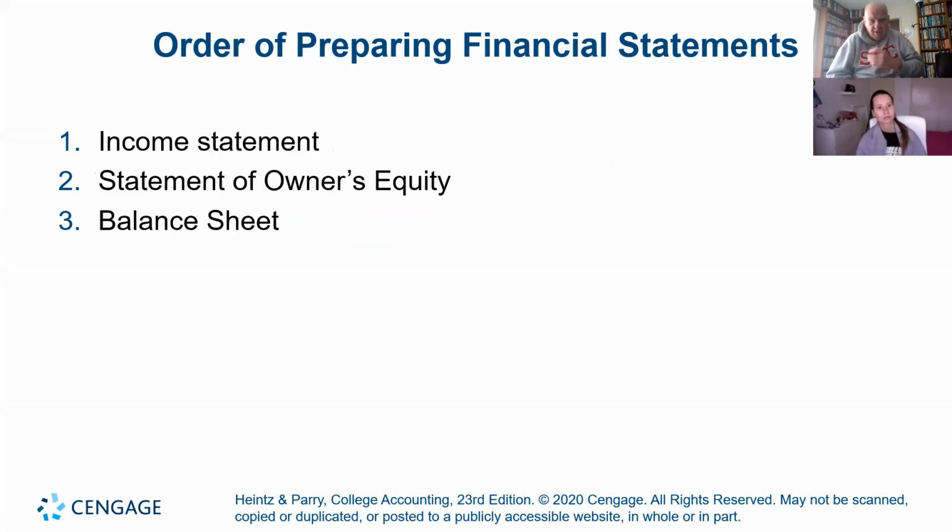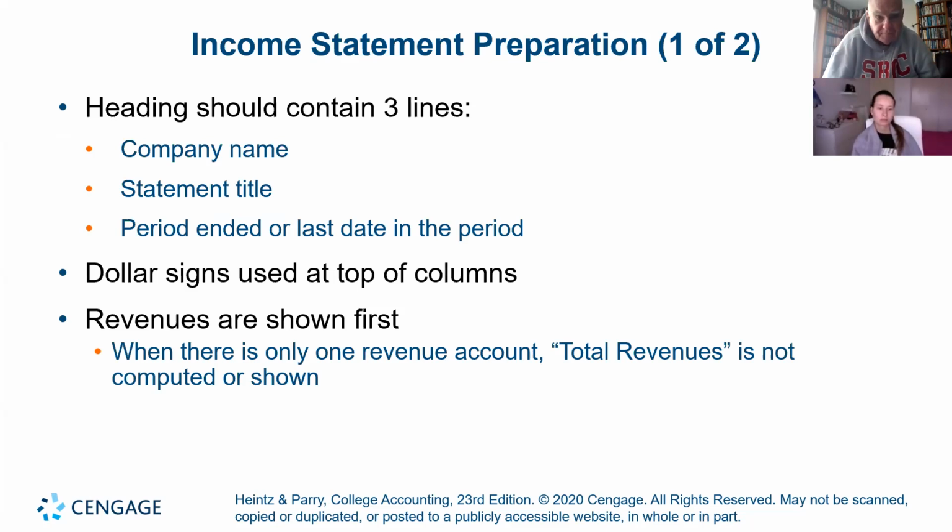We know this already, right? That the income statement must be done first, and then the statement of equity, and then the balance sheet. So with that in mind, the income statement should have a name, title, and it should say period ended. It should say the month of or the year of, and that's kind of important.